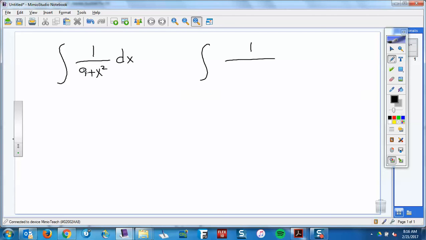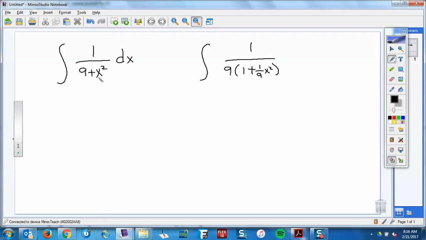It's going to be an arctangent. You need a 1. How can you get a 1? You don't remember? We did this exact problem yesterday. Right.